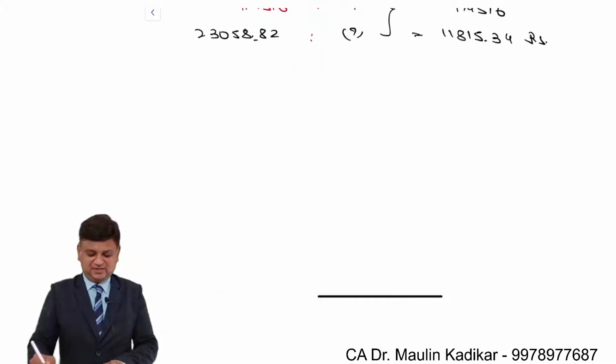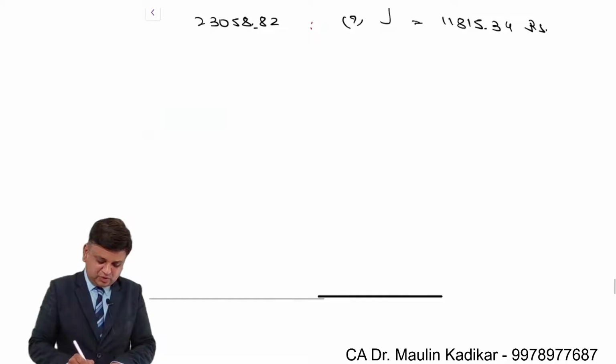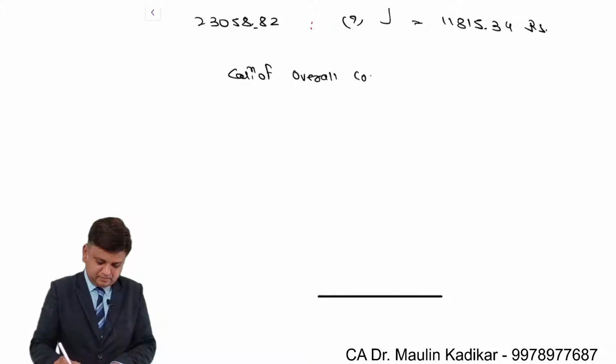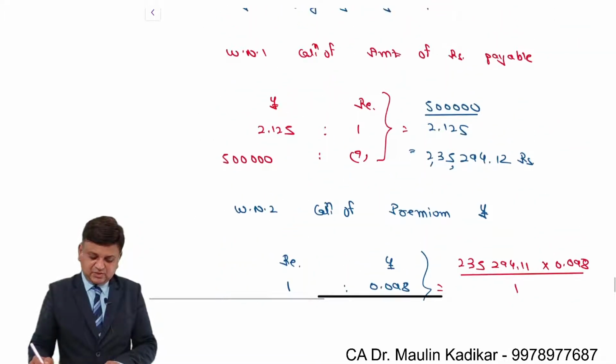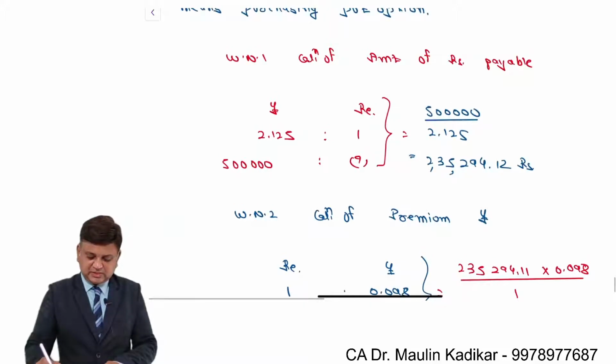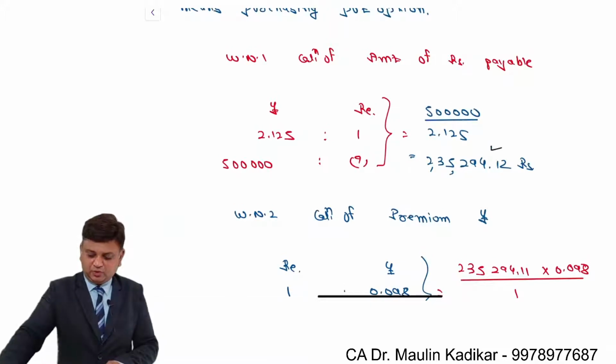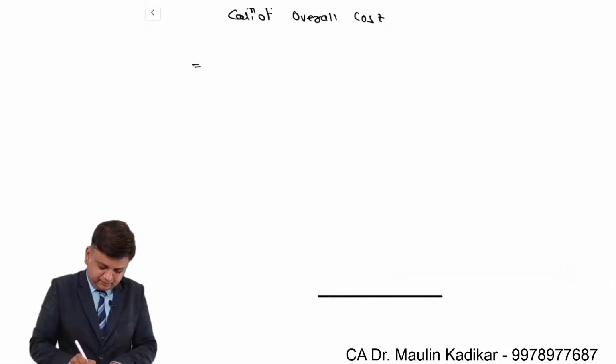Now the final answer. Calculation of the overall cost. Okay. Now you can see that over here, this is the amount of rupees payable, 2,35,294.12.